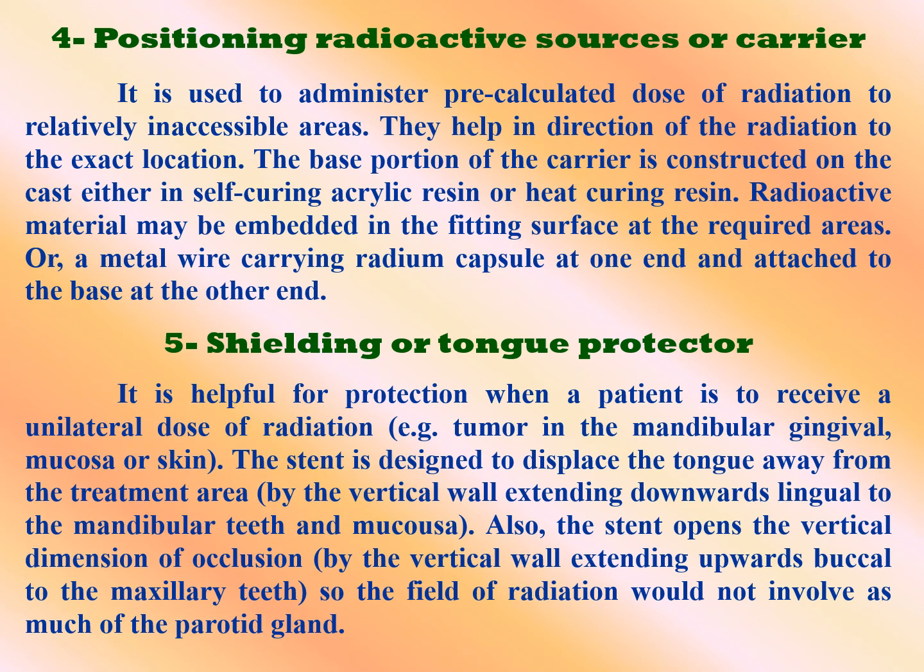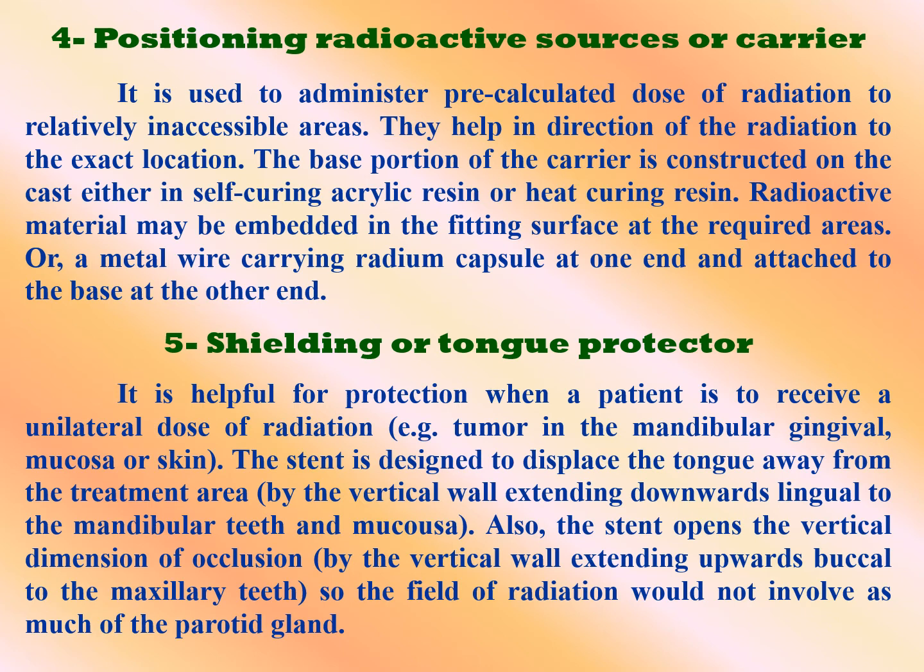Number 4. Positioning radioactive source or carrier. It is used to administer pre-calculated dose of radiation to relatively inaccessible area. They help in direction of the radiation to the exact location.